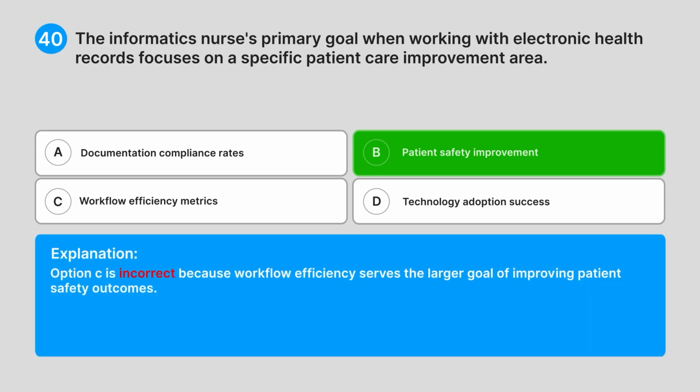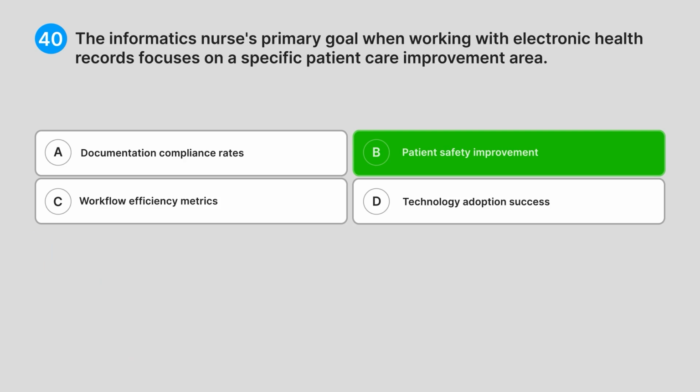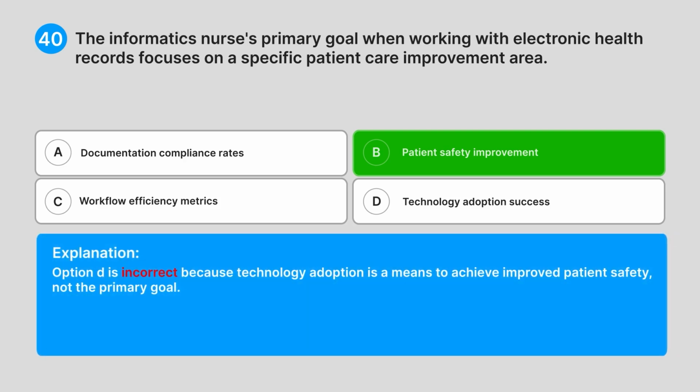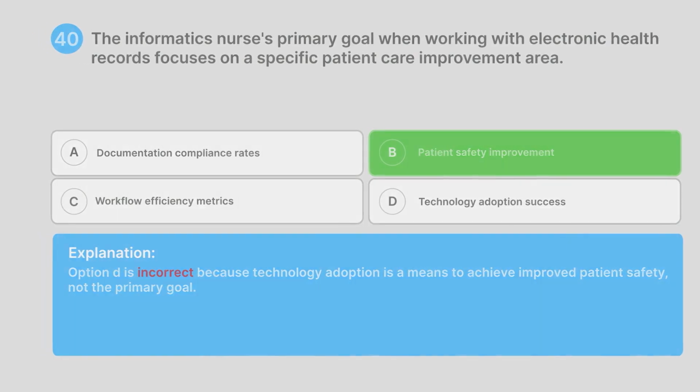Option C is incorrect because workflow efficiency serves the larger goal of improving patient safety outcomes. Option D is incorrect because technology adoption is a means to achieve improved patient safety, not the primary goal. The informatics nurse's primary goal cuts through all the technology, metrics, and systems to focus on what matters most in healthcare.